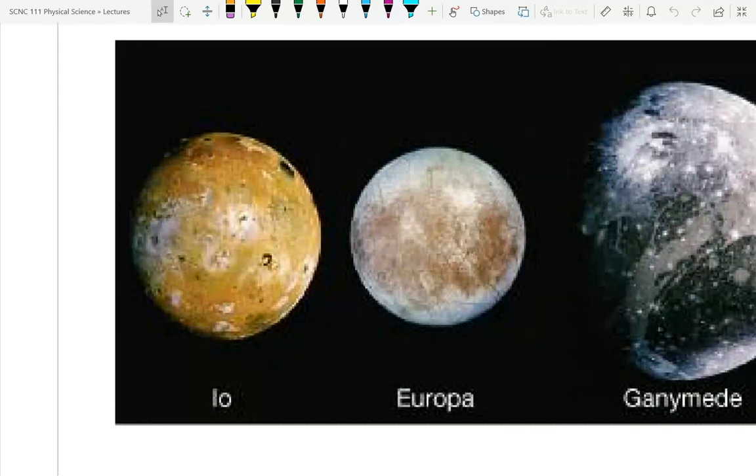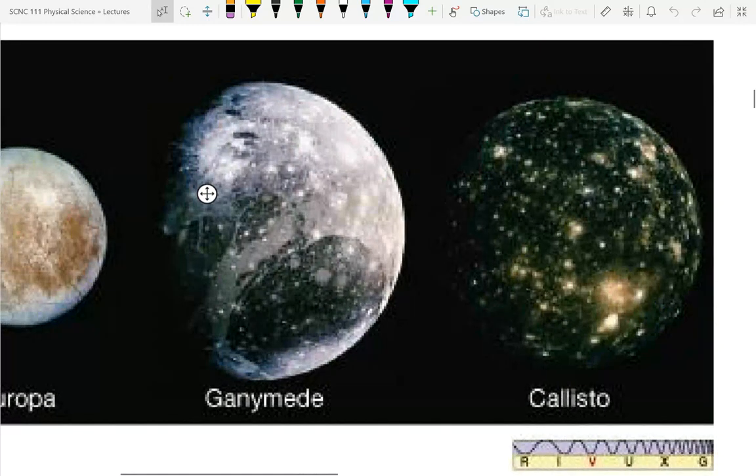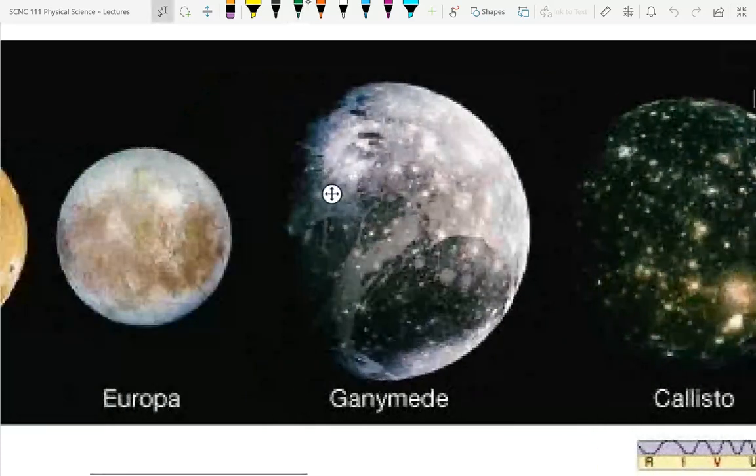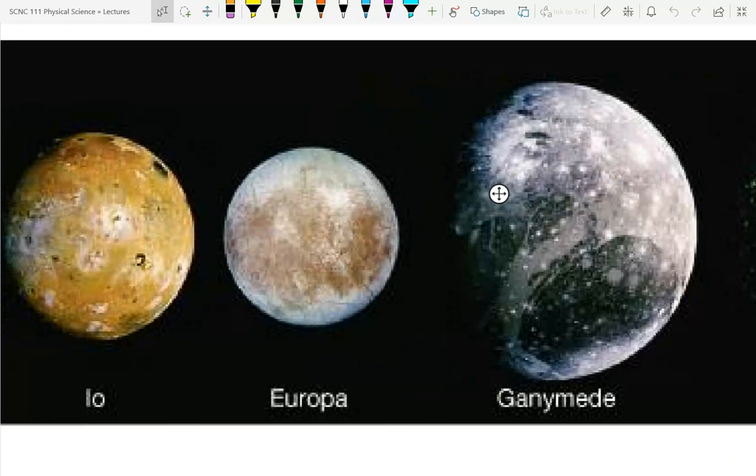Europa has an icy surface. Ganymede and Callisto are also icy. If you look at Callisto, it has lots of craters. That means that its icy surface has been frozen solid for a very long time, so that it's preserved craters. Ganymede has some, but not as much as Callisto, and Europa doesn't.